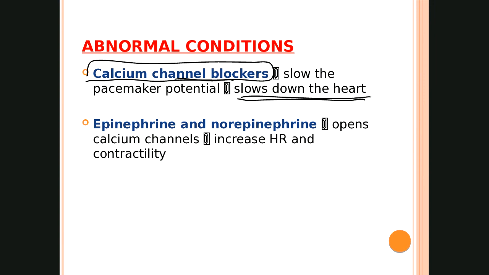By the same token, the sympathetic nervous system has a profound effect in the heart. The hormones epinephrine and norepinephrine, which are sympathetic hormones, and the neurotransmitter norepinephrine are both going to open calcium channels. In doing so, they're going to increase the rate of action potentials in nodal cells. It's going to increase the heart rate, and they're going to do more than that.